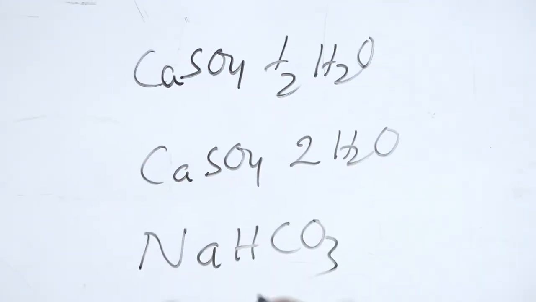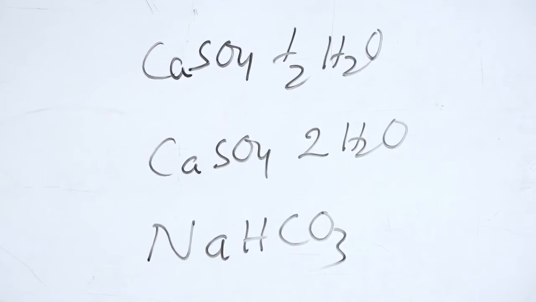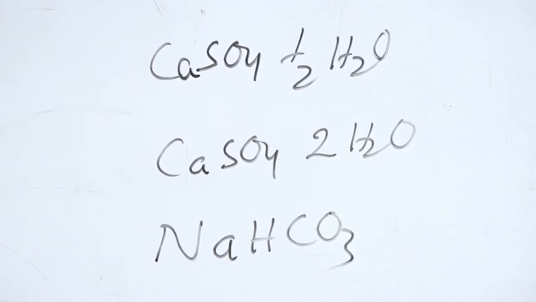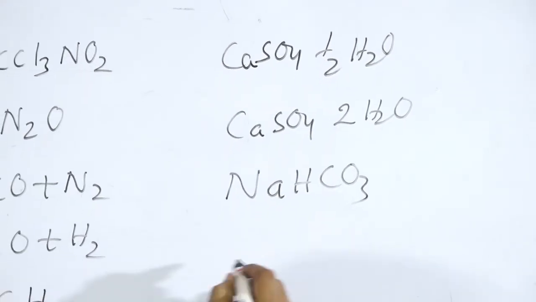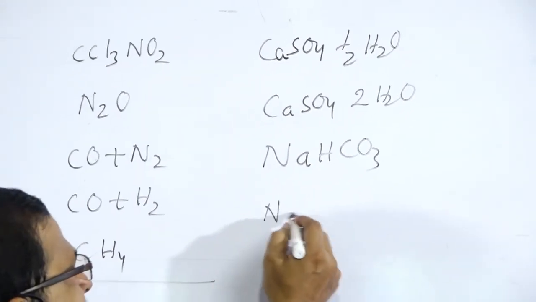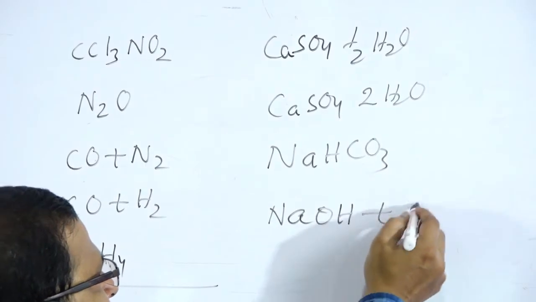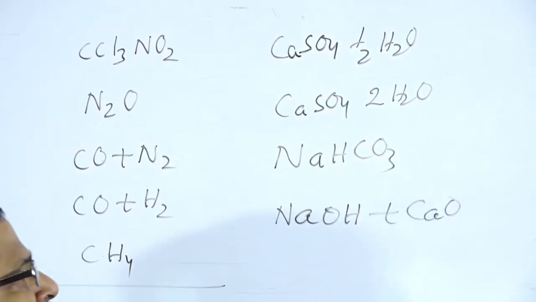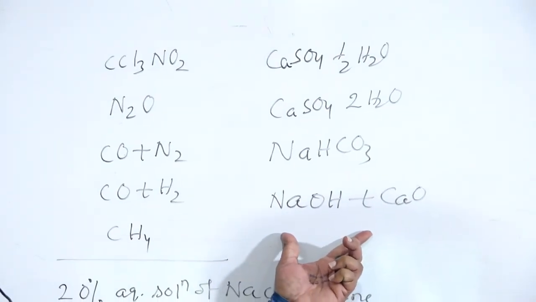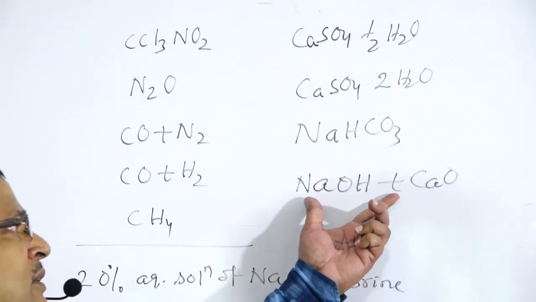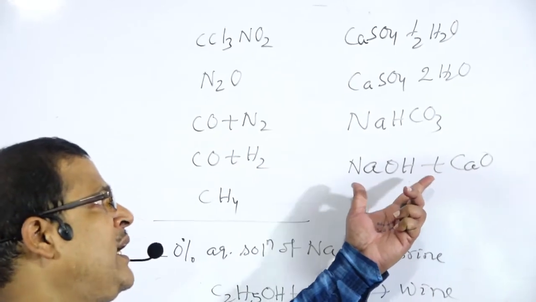NaHCO3, that is the formula for sodium bicarbonate, that is baking powder or baking soda. The mixture of NaOH and CaO is known as soda lime.